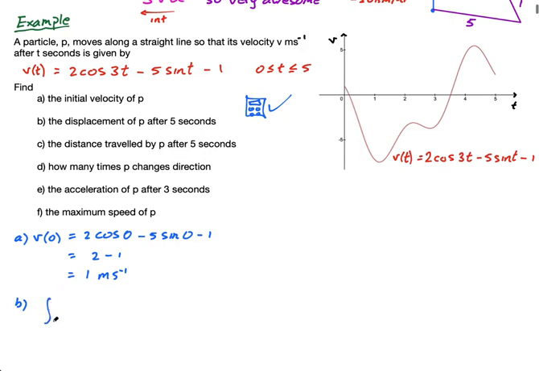So the integral from 0 to 5 of the function, which is 2 cos 3t minus 5 sine t minus 1 dt. And here, look, if this is a paper 2, you do not have to integrate it. I don't have to go to the process of getting sine of 3t over 3 and whatever it is.